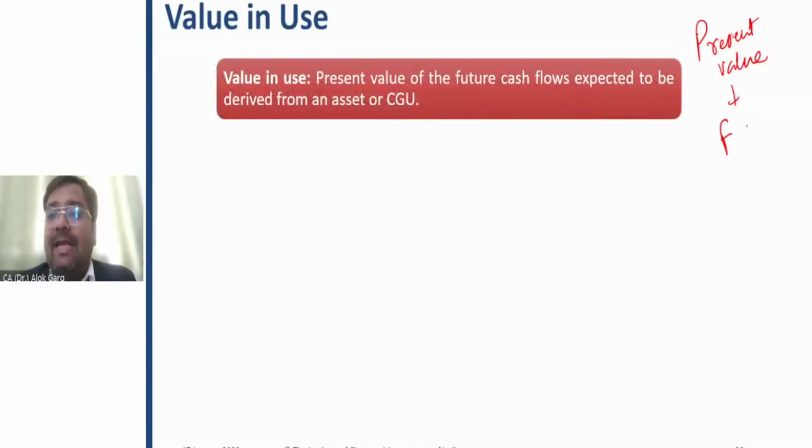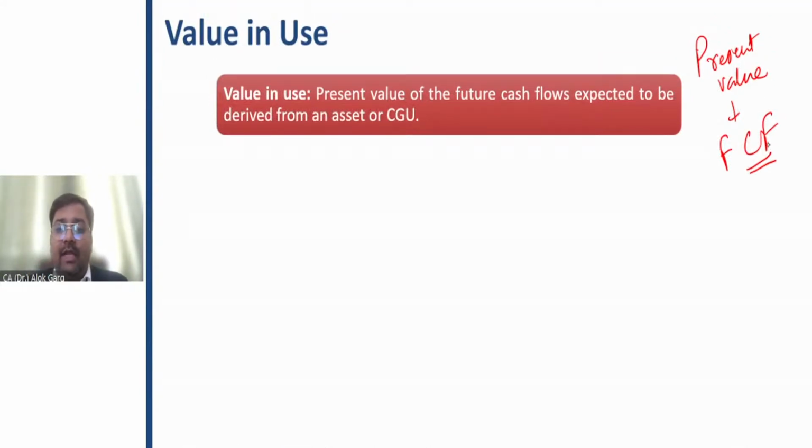Present value of future cash flows. When I'm talking about future cash flows, is this future cash flow only inflow, or only outflow, or both? It is both, right? So the inflow as well as outflow relating to that asset. When you are considering inflow, you have to consider the outflow as well.